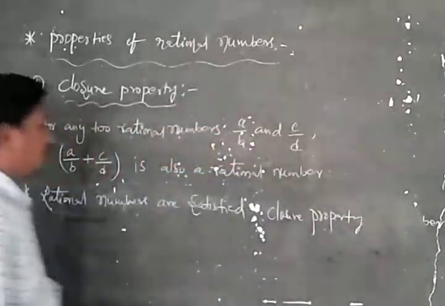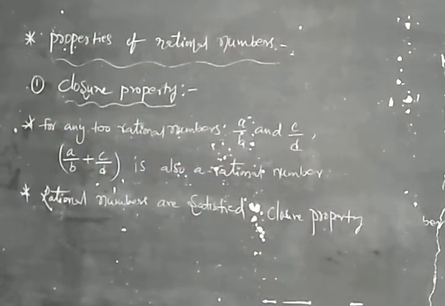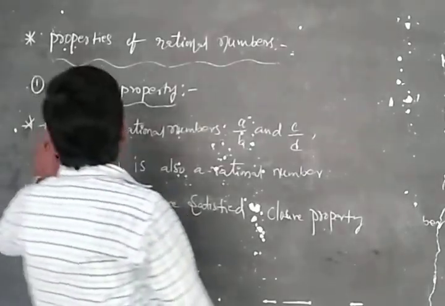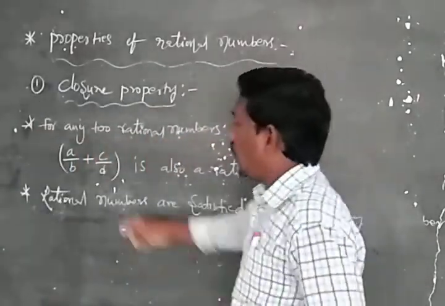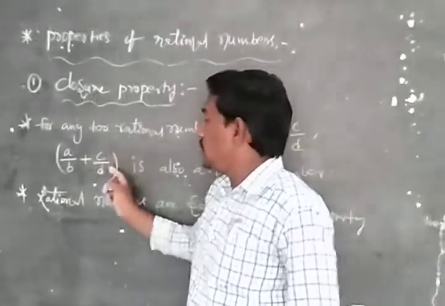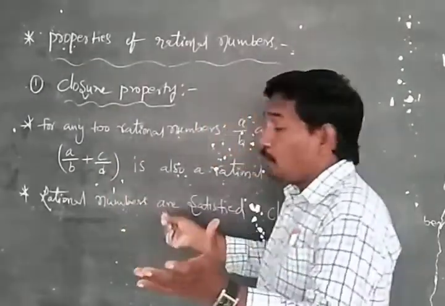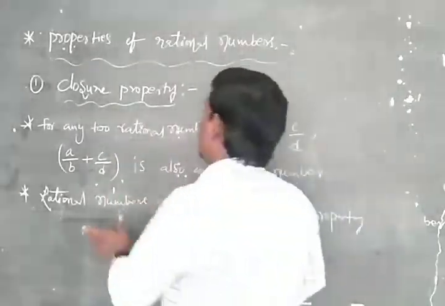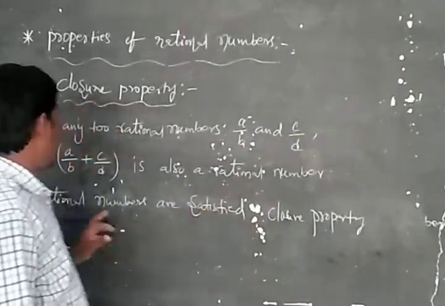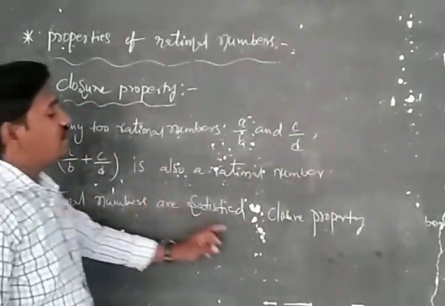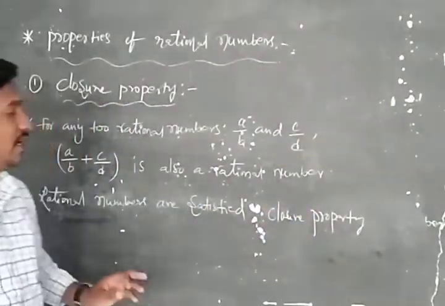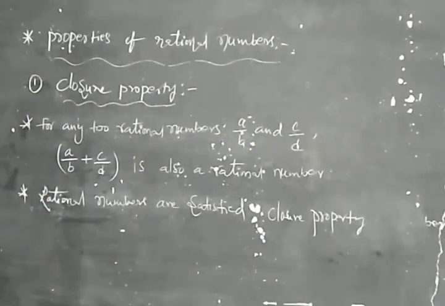That's all. What is meant by closure? For any two rational numbers, A by B belongs to Q, C by D belongs to Q, the sum of the two rational numbers is also a rational number. That is, rational numbers satisfy the closure property. Understand? So this is the closure property.